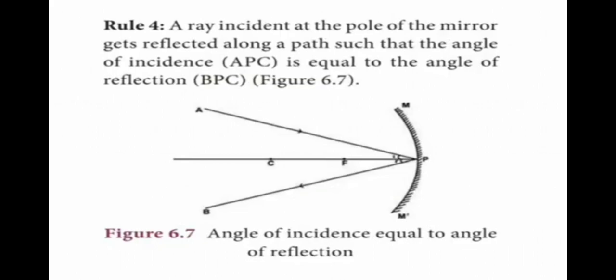Now let's learn image formation by a concave mirror. We shall now find the position, size and nature of the image by drawing the ray diagram for a small linear object placed on the principal axis of the concave mirror at different positions.